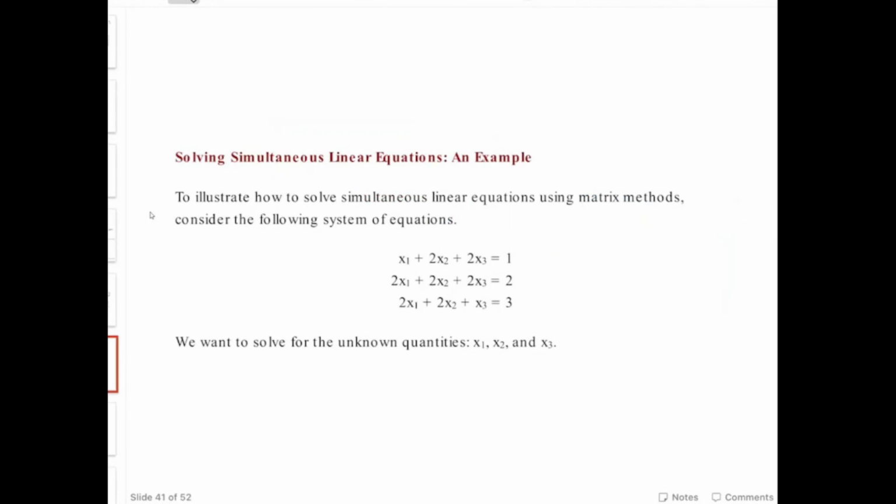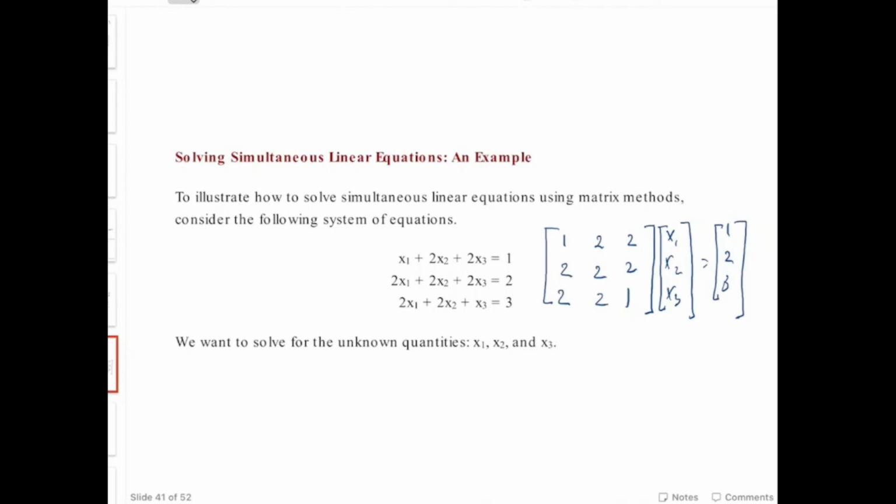Let's take an example here. We have 3 equations with 3 unknowns. If we take our A as the coefficients of x, we have in the first line 1, 2, 2, then 2, 2, 2, then 2, 2, 1, times x1, x2, x3, equal to 1, 2, 3.